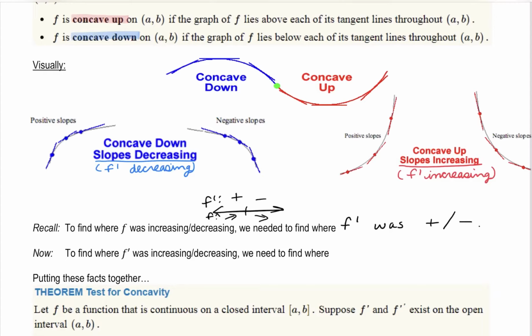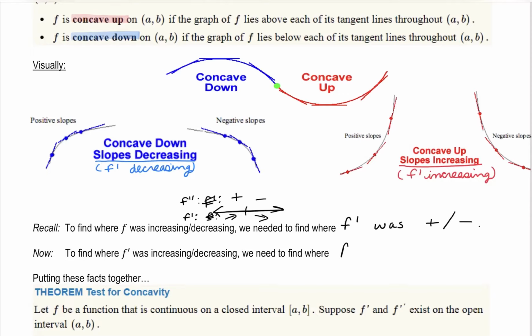We did that. Now what we want to do is find where f prime is increasing or decreasing. So if I want to find now, instead of where f is increasing, decreasing, where f prime is increasing, decreasing, then I'm going to need where its derivative, so f double prime, is positive or negative.